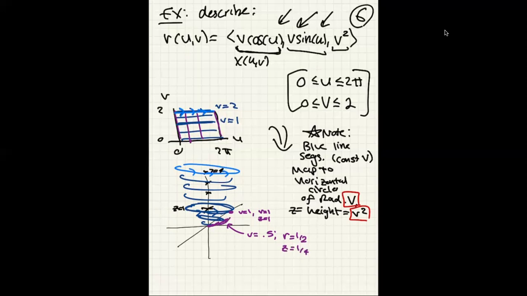And by the time I come out here, V equals 2, so the radius is 2 and the height is 4. So it's kind of this parabolic thing that's happening. Exactly. And they move up, right? This was V equals 0, 0.5, 1, and 2. So that's kind of what's happening here.